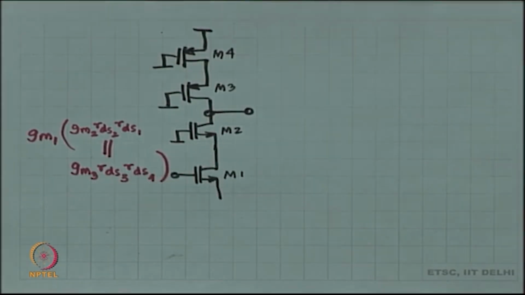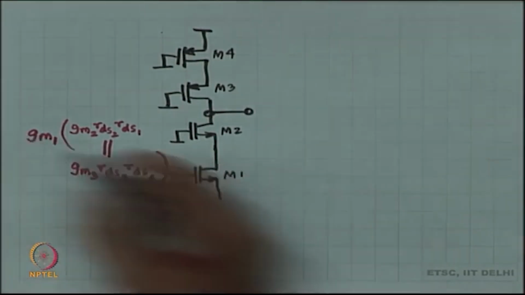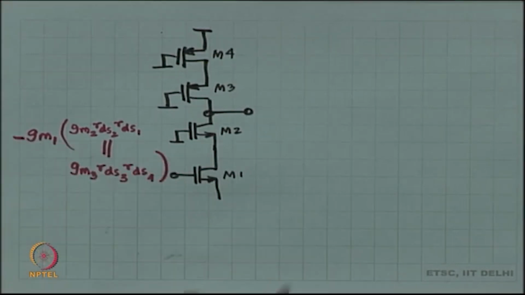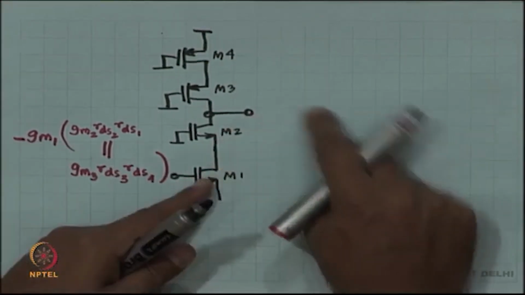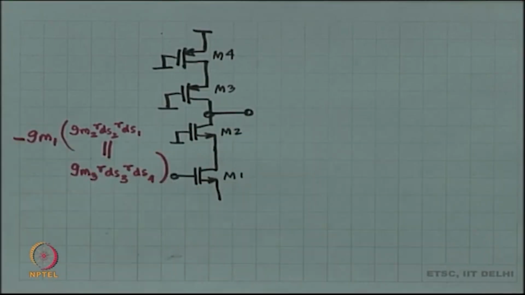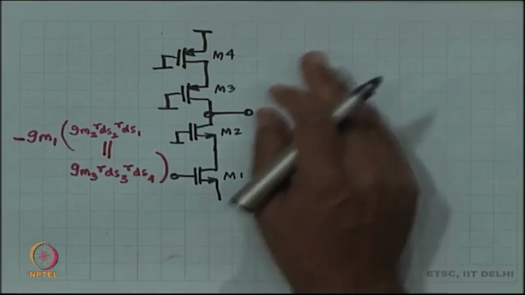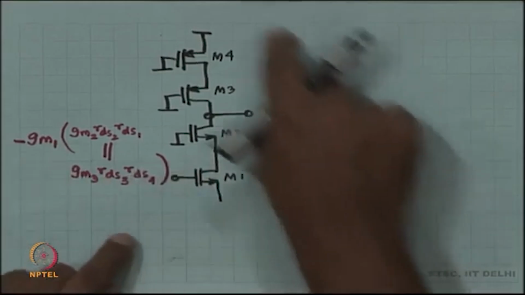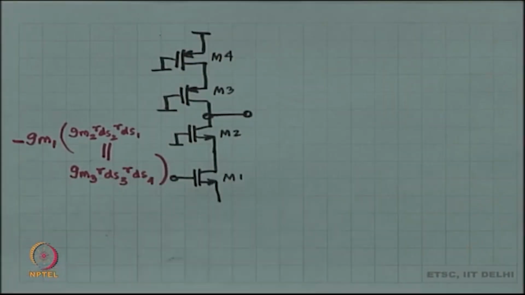Okay, so this will be a minus sign because the short circuit current is coming backwards. So, this is effectively the small signal voltage gain. Okay. Now, this is the small signal voltage gain of the differential mode half circuit.